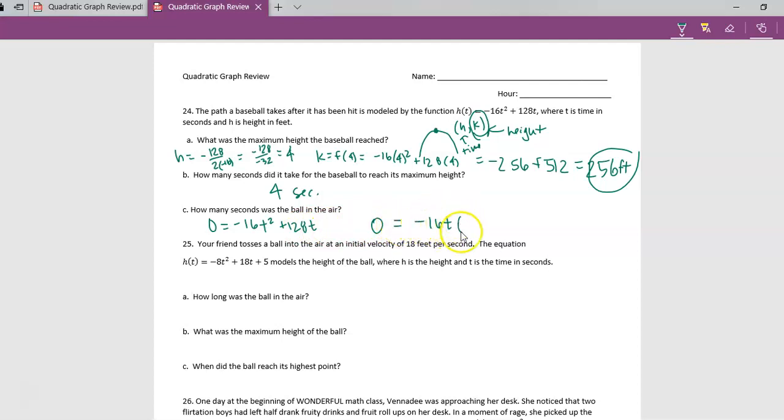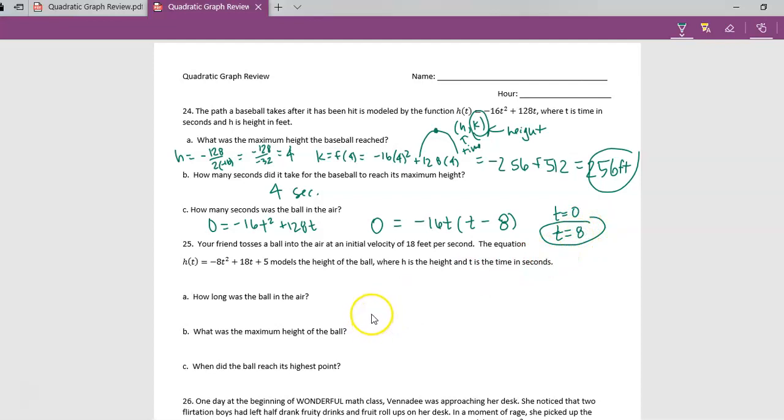So pull out negative 16t, and you'll have t minus, let's see, 128 divided by 16 is 8. So t minus 8. So there we have t equals 0. That's this one right here, right? When the baseball was thrown, when the initial height was 0. And we have t equals 8. It was in the air for 8 seconds.